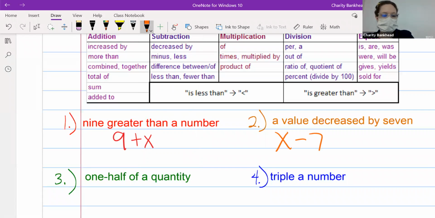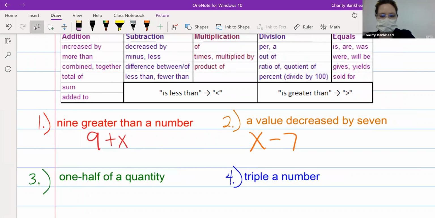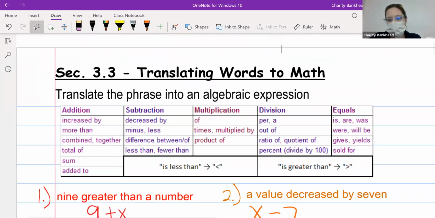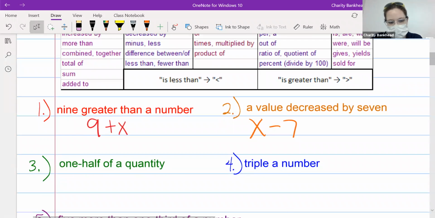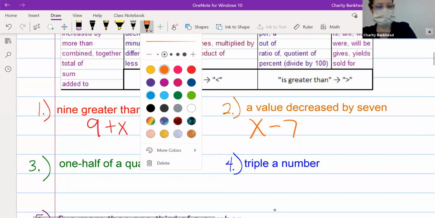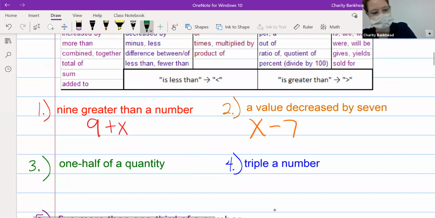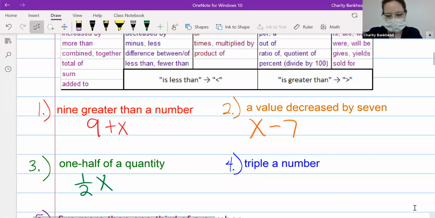Number 3 says 1/2 of a quantity. So that's going to be, of is multiply. So that's going to be 1/2 times X. Or normally we just write 1/2 X. And then triple a number, that would be 3X.